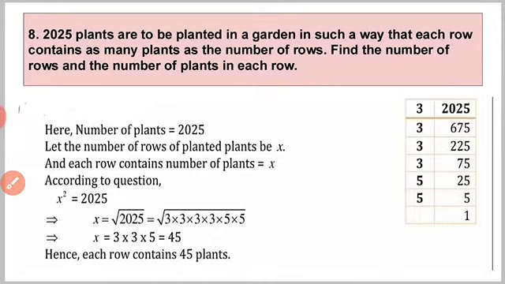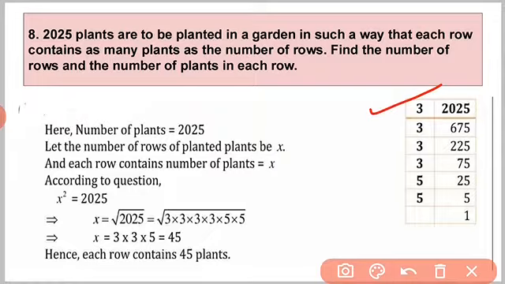Now when we do the prime factorization of 2025, what will we get? Dividing 2025 by 3, we get 675. When 675 is again divided by 3, we get 225.